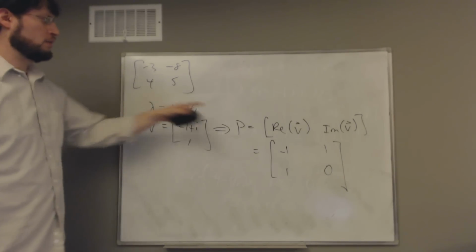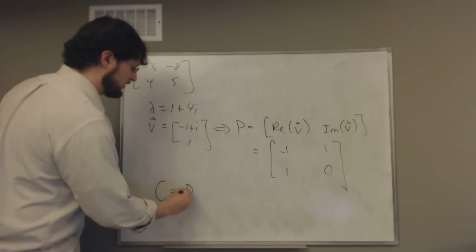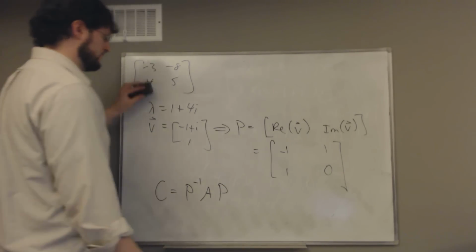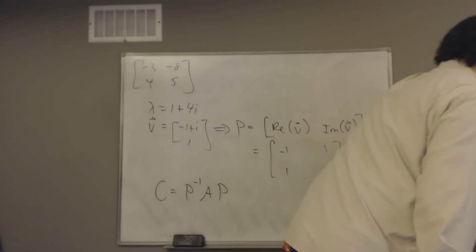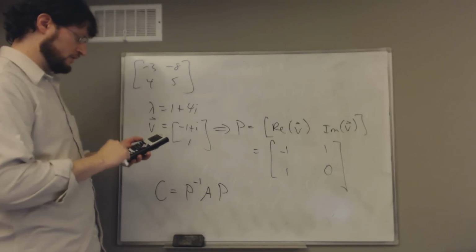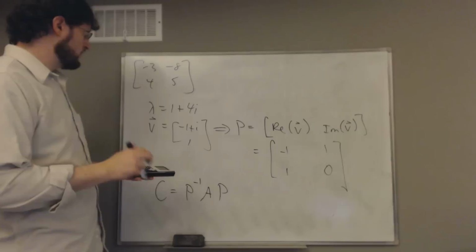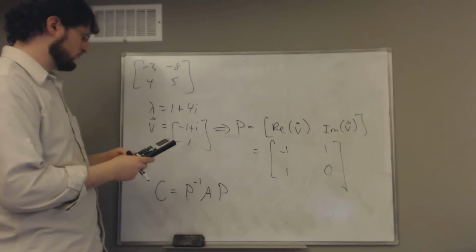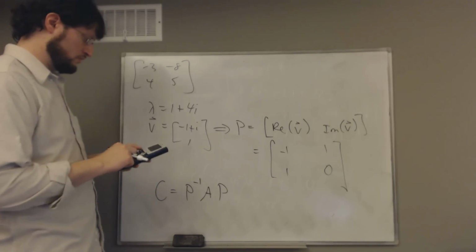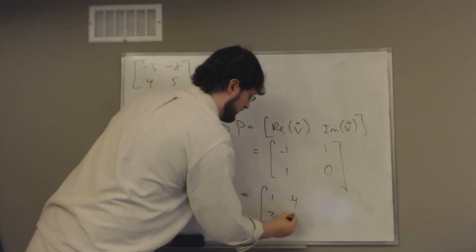So now we've got A, we've got P. We'll remember that we create C by saying that C is P inverse times A times P. We're just going to calculate that one by hand on our calculators. And what we get is 1, -4, 4, 1.